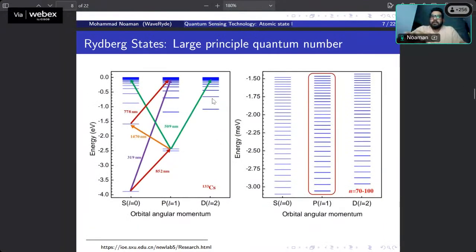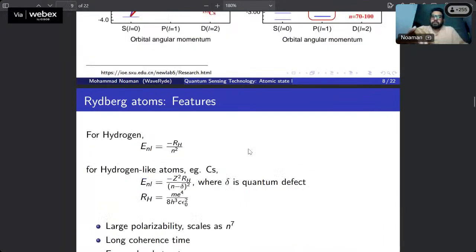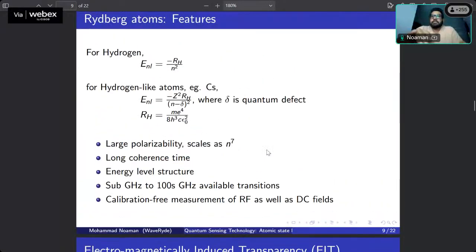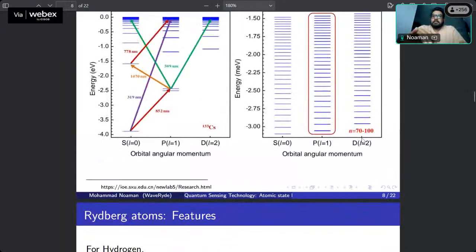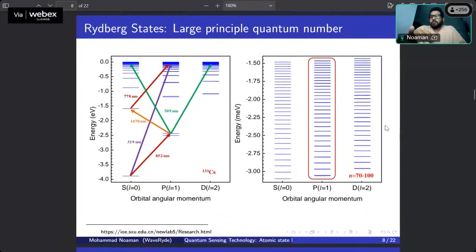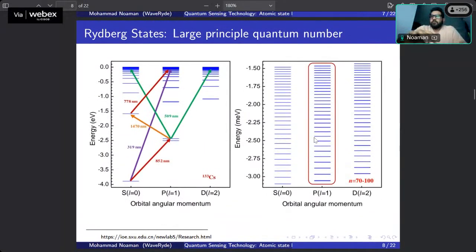So one atom can capture so many different frequencies, and this is important and very useful because in the domain of radio frequency detection that is used in radar, radio telescopes, 5G, or any mobile communication, it is very hard or almost impossible to make one detector that would detect all these frequencies.